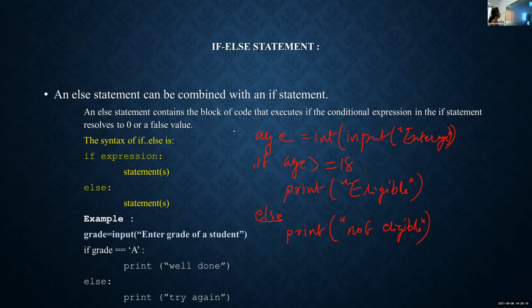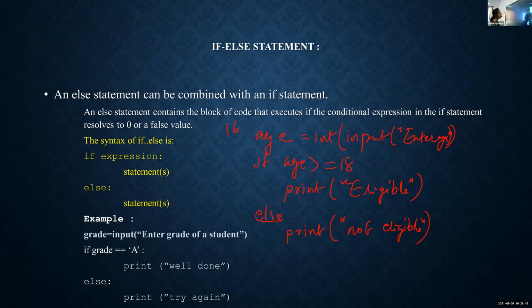Alan Joshi, what happened if I am inputting 16? How is the control flow? Not eligible. How? You just explain. The content of age is 16, then in this statement, age greater than or equal to 18, here it is 16.